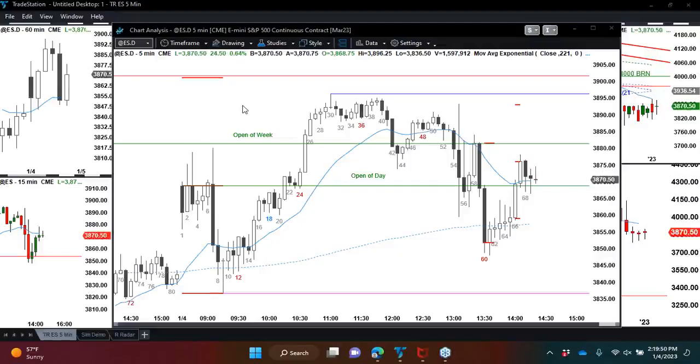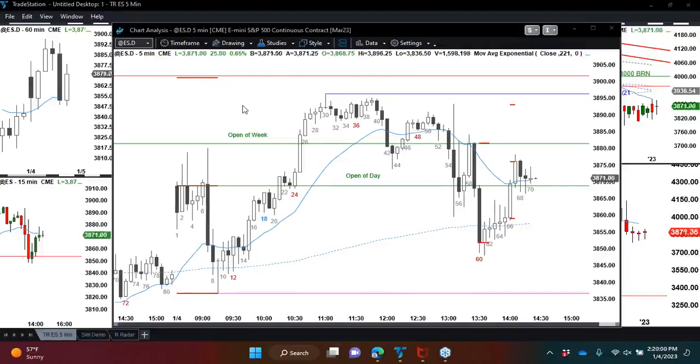If the bears can string together consecutive bear bars, if maybe this current bar can close below, okay, that's not enough. I was going to say if it could close below 69, but so far, this is not enough to make me think that the bulls are eager to exit yet. The bulls that bought 66, 67, they are disappointed, but they're not willing to get out of the trade yet.